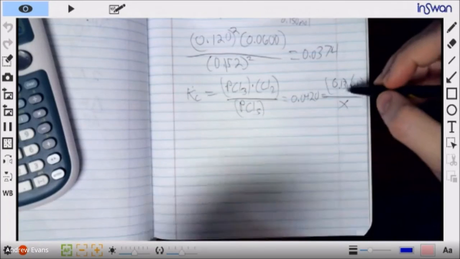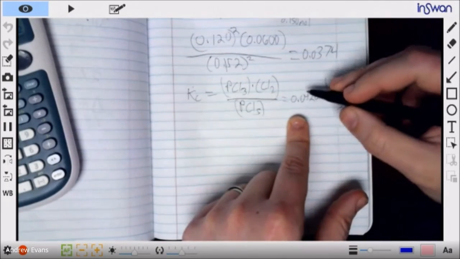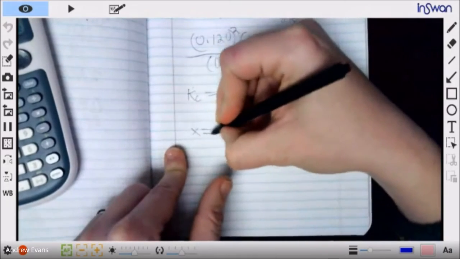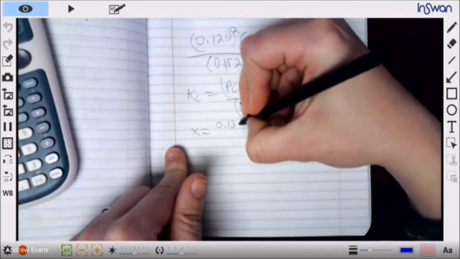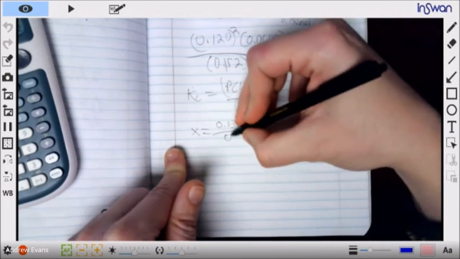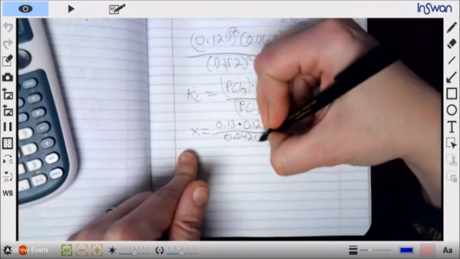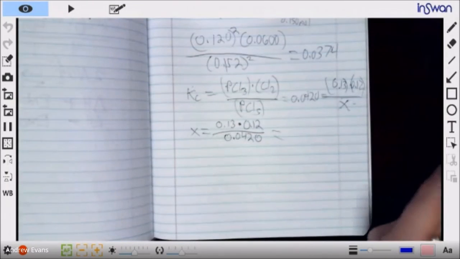Now, how do you get x by itself? You're going to get x to this side and this over here. So rearranging this, you get x is equal to 0.13 times 0.12 all over 0.0420. So we're just rearranging.